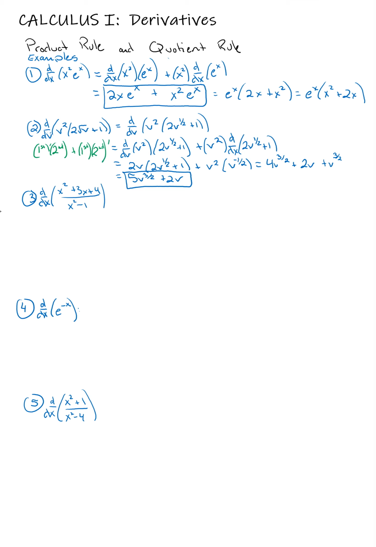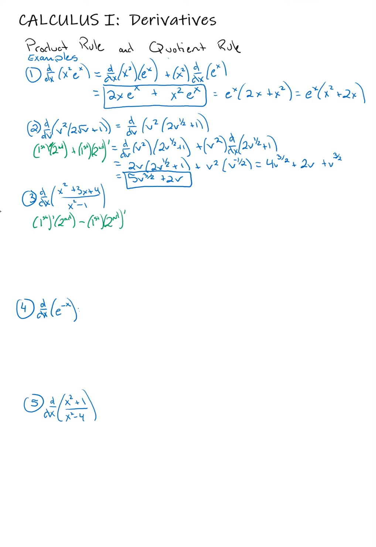Now I'm going to follow that same little pattern here. Be careful, that is a prime mark there. I'm going to follow that same pattern in the numerator, so it's going to be the first times the derivative of the second, but now minus, oh wait, I wrote that completely wrong. It's the derivative of the first times the second minus now the first times the derivative of the second.